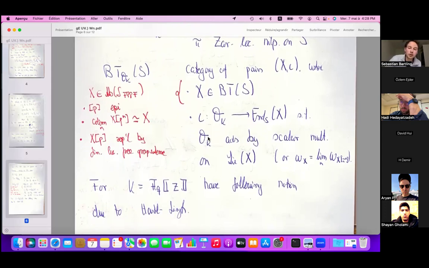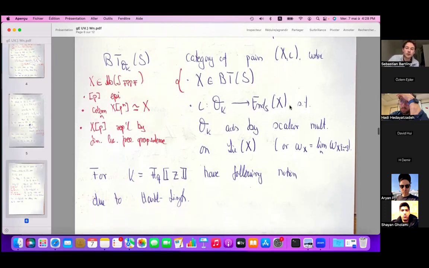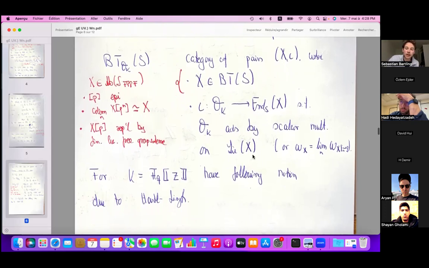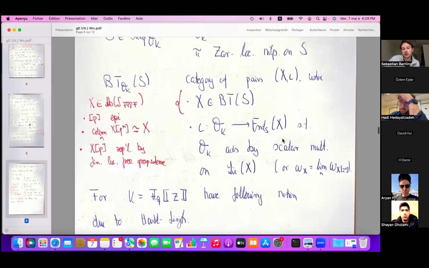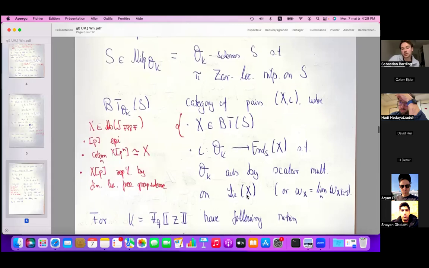So take a ring homomorphism from O_K to the endomorphisms of X. This should be what people call a strict O_K-action. So I have the Lie algebra of X, or you can also take the co-Lie module if you wish. This is a quasi-coherent O_S-module, so I have an O_K-action also there.